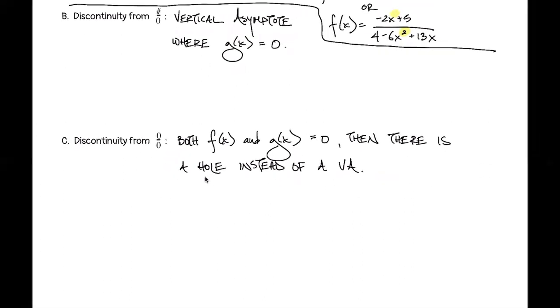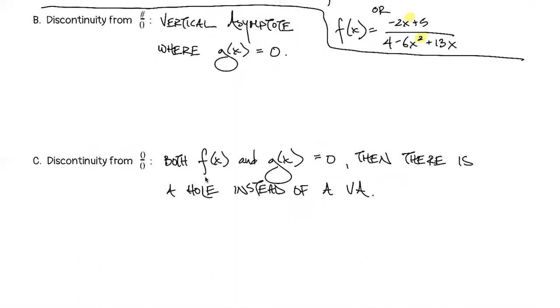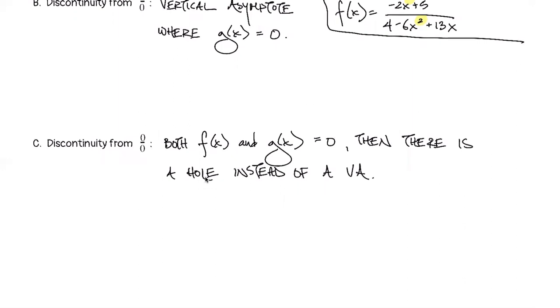So let's take a look at just a couple quick examples. For these examples, we're going to look at the equations and say, is there a vertical asymptote? And if so, where is it? And is there a hole? And if there is a hole, where is that hole? So let's make up another function.